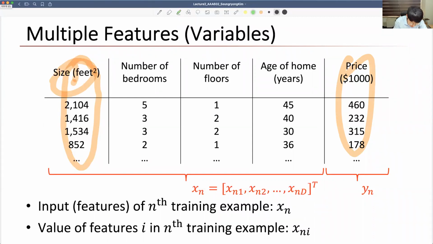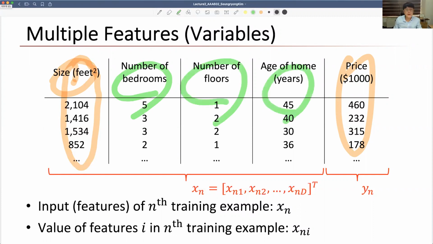The number of bathrooms, the number of floors, or the age of the house will also impact the house price. So to accurately regress this training data set, we need more features per sample. Here are some examples.